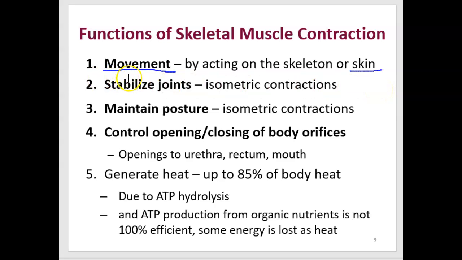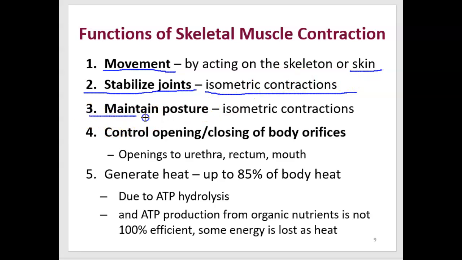So one function of skeletal muscle tissue is movement. Another is to stabilize joints, because tendons will often cross a joint. But this stabilization will only happen as long as the muscle is taut. It's not too flaccid, so you have to have it in an isometric contraction, meaning a contraction that doesn't change the length of the muscle.